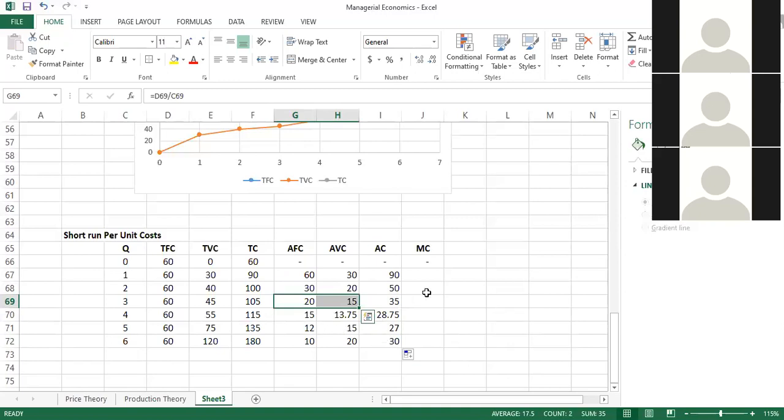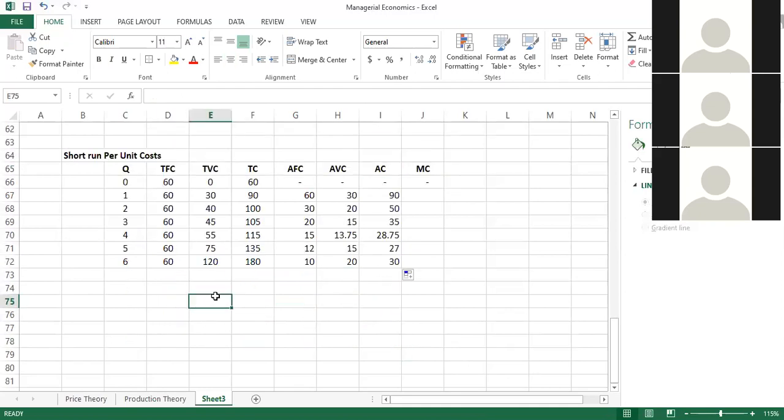So the average cost per unit is total cost divided by quantity. That is important. AFC means TFC divided by quantity, total fixed cost per unit. Then AVC, average variable cost, means TVC divided by quantity.